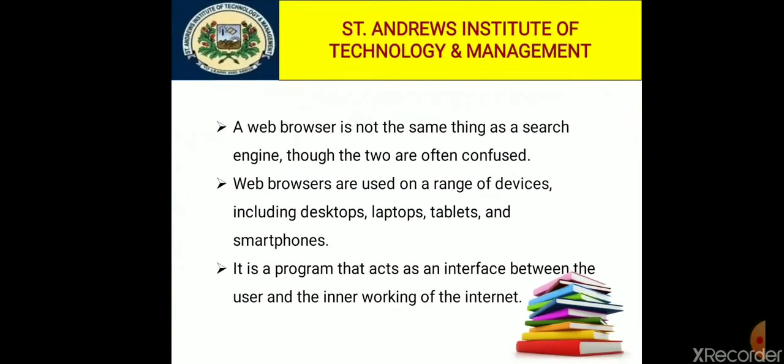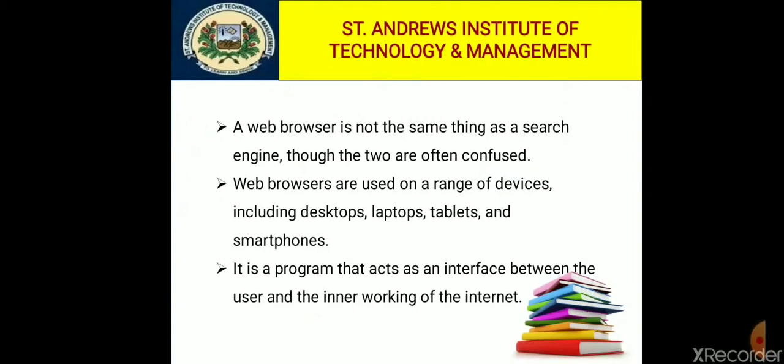So a web browser is not the same thing as a search engine, because a search engine searches all related keywords, related information over the internet. Okay, so a web browser is not the same thing as a search engine. The two are often confused.